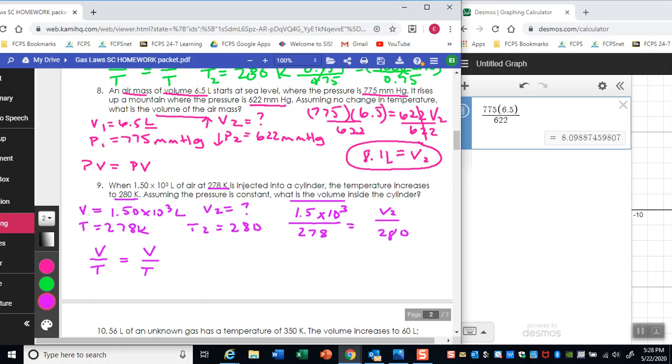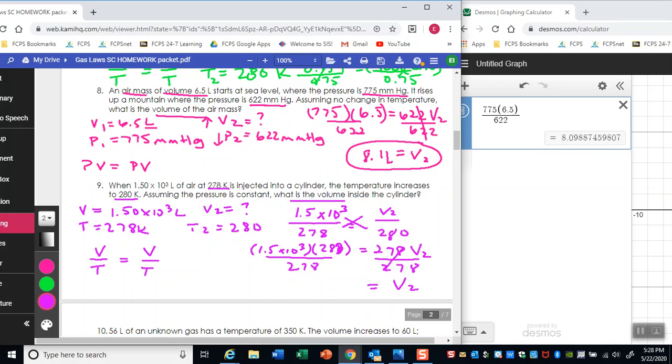All right, so now I'm going to cross multiply. So I get 1.5 times 10 to the third times 280 equals 278 times the new volume, right? So I want that new volume all by itself, so I'm going to divide by 278 on both sides.